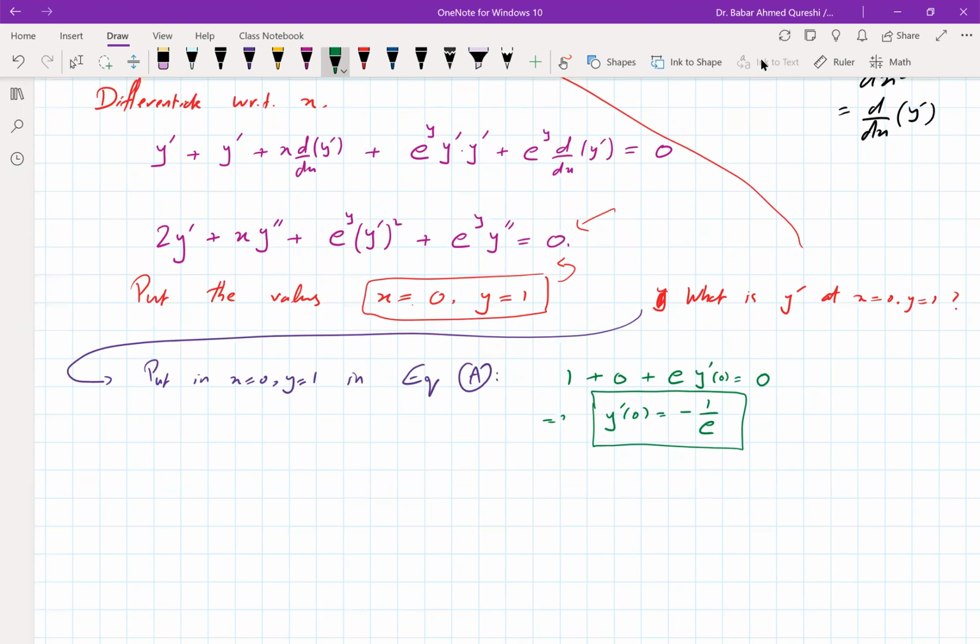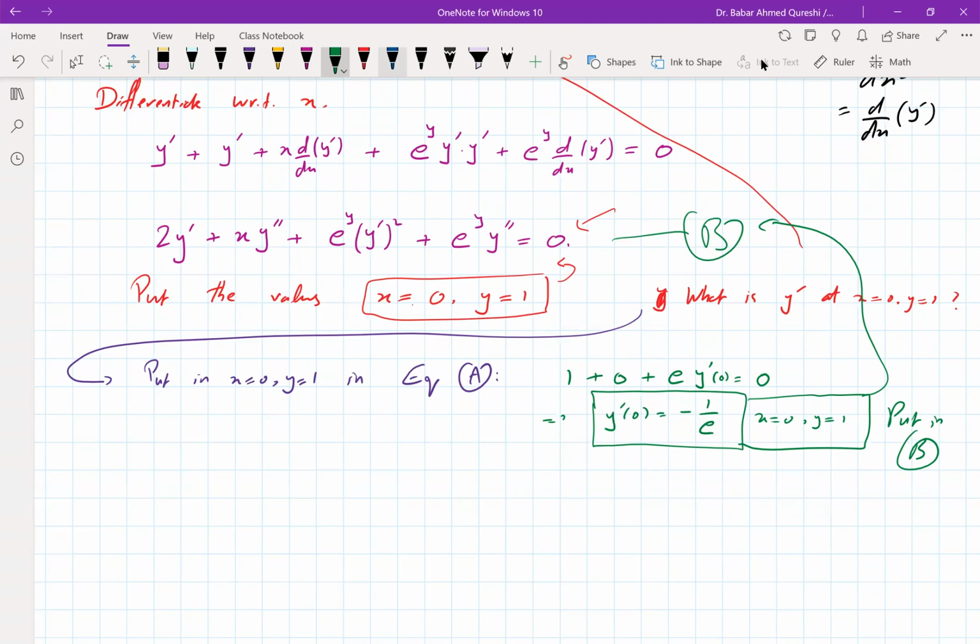So I have to take this plus this plus this. This is the point where I am at, and let's call it B. Put in B. So the first one gives me 2 to the minus 1 over E. The second term just becomes 0.